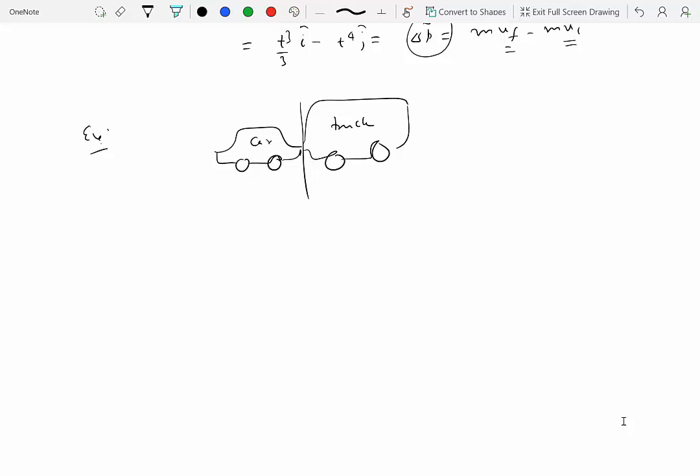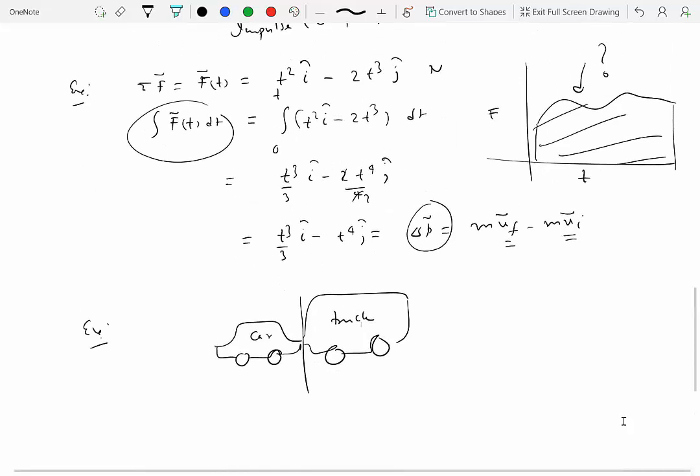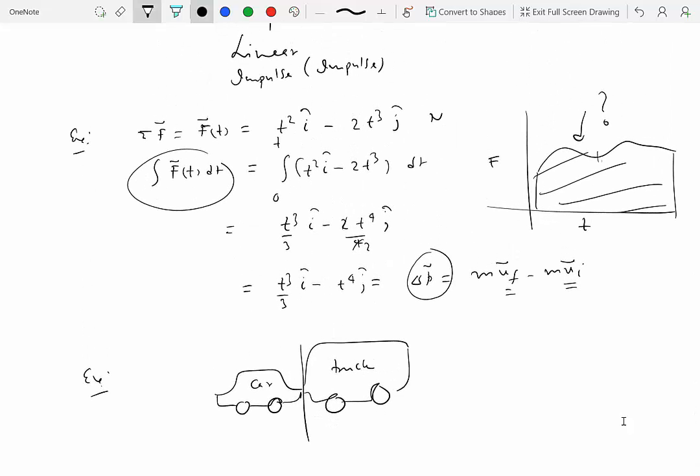The impact happens and then the impact is gone, but the damage is done to the car. The question is, we want to figure out the extent or the magnitude of the force that was acting on the car. And we're not necessarily interested in how that force of impact is changing over time, because the interval of the impact is so short that we really don't care about this.